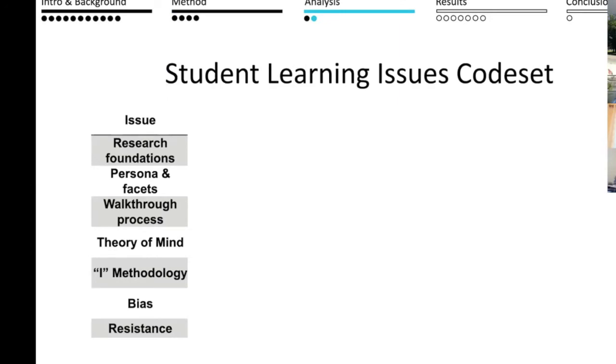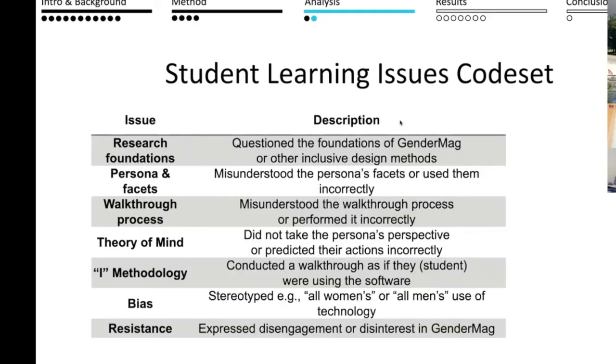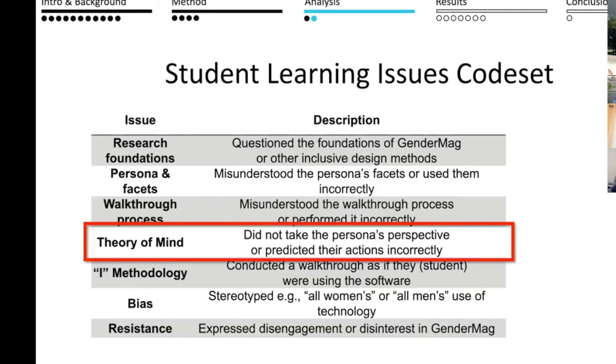Okay, let's see here. So we did an analysis of the kinds of things that people ran into, students. And so here's one example. There's a phrase called theory of mind, which describes someone's ability to kind of step in the shoes of someone else.